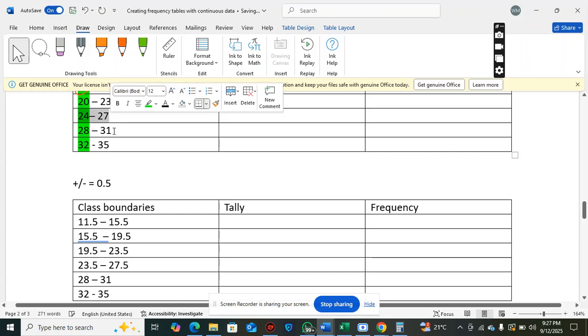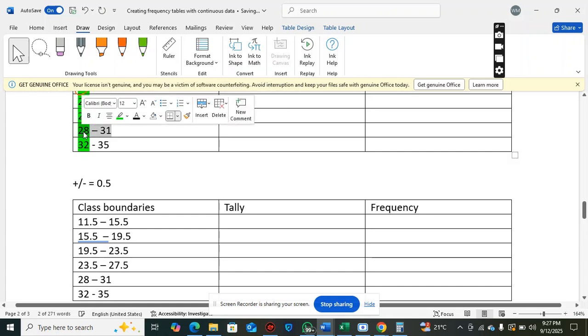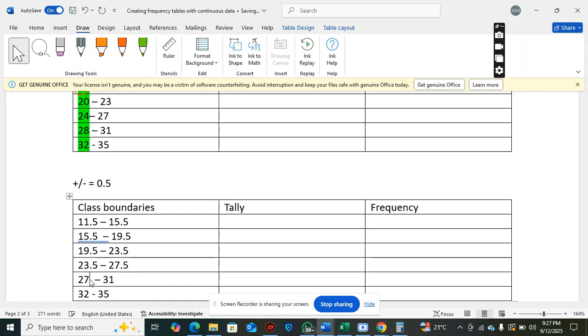Okay. Come to the next class, 28 minus 0.5, 27.5. 31 plus 0.5, 31.5. Next one, 32 minus 0.5, 31.5. 35 plus 0.5, 35.5.